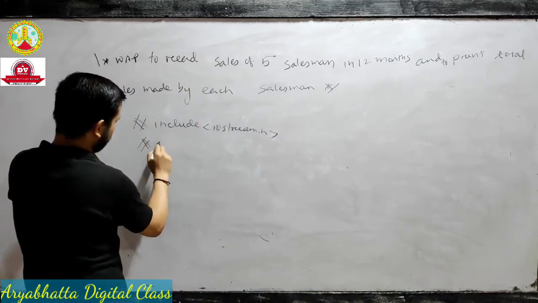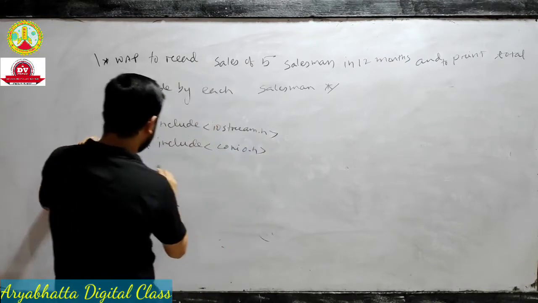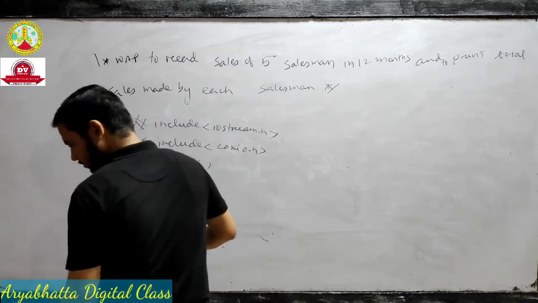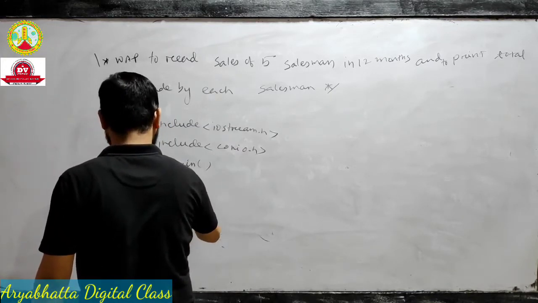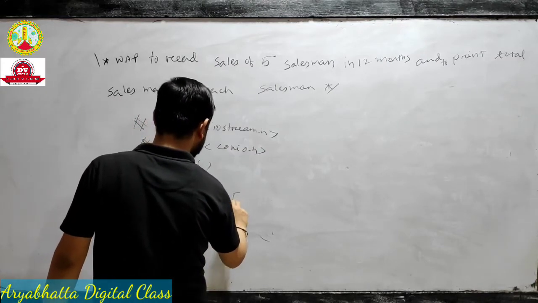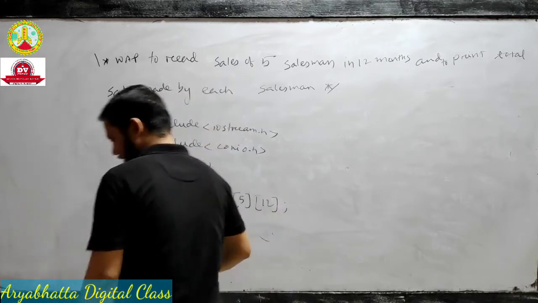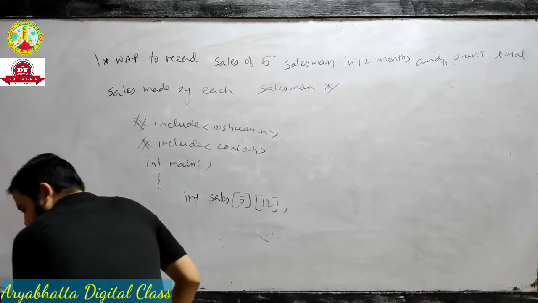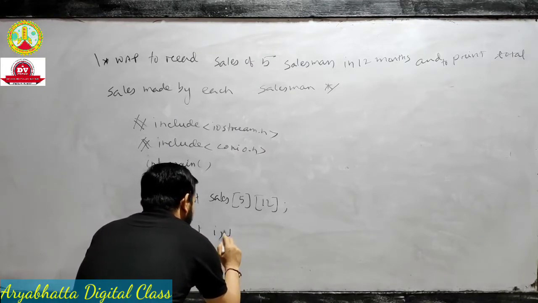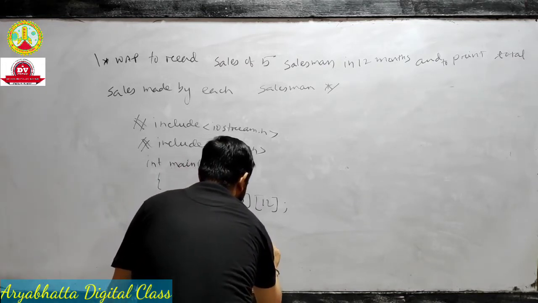These two are the header files we already know. We take a two-dimensional array. The array name is sales, sales[5][12], which means number of rows is 5 and number of columns is 12. Then variables i, j, total.